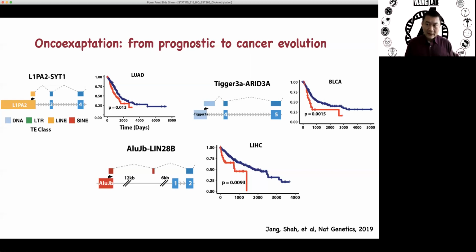Think about this case: for these cancers to grow, they need to upregulate oncogenes. You can do so with mutations, amplifications, and translocations, but you can also just find another promoter for these oncogenes. In this case, these transposable elements provided potent sequences that can serve as an alternative promoter.